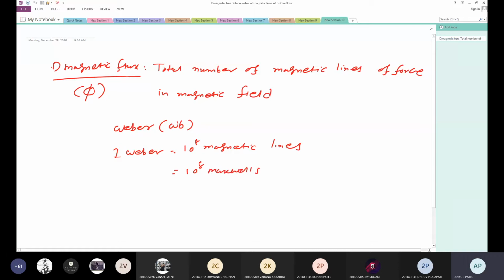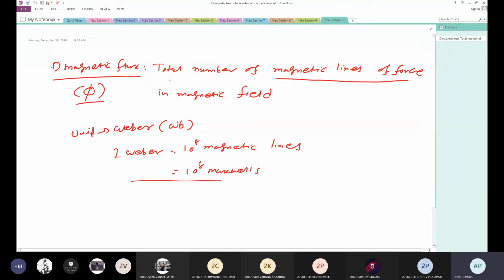So this is magnetic flux: the total number of magnetic lines of force in a magnetic field is called magnetic flux. It is denoted by phi, the unit is Weber, and 1 Weber is equal to 10 raised to 8 magnetic lines or 10 raised to 8 Maxwell.